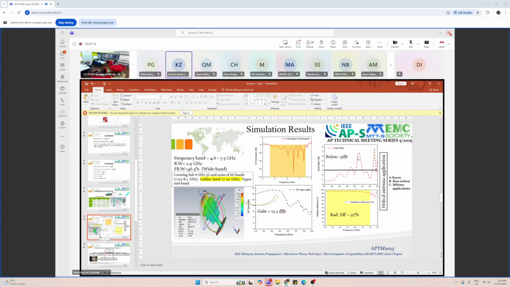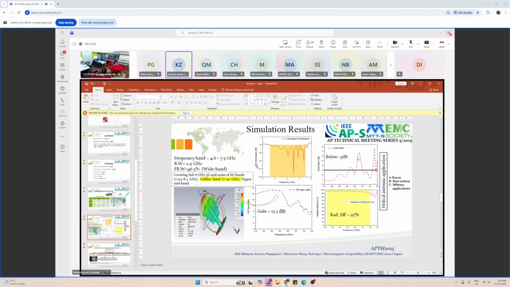Based on the simulation result using CST software, the proposed helical antenna has a bandwidth of 2.9 gigahertz, starting from 4.6 to 7.5 gigahertz.